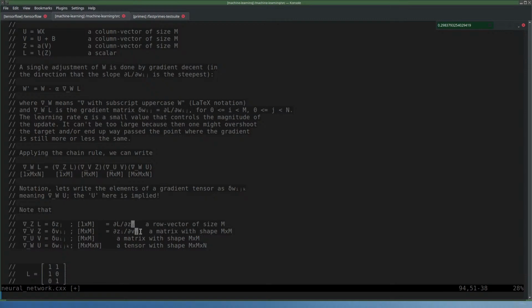Man, I don't know what to do here. I just don't know what the correct indices are. Actually, maybe it's kind of silly to use a j here, because v is said to be a column vector, which means I should use an i.